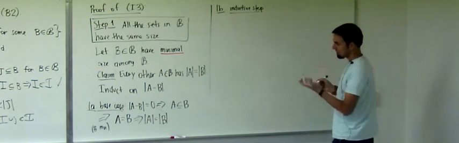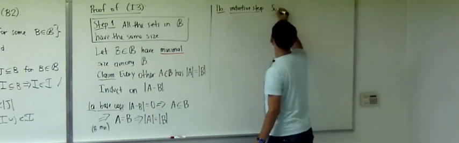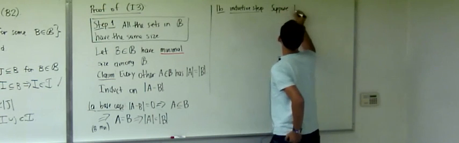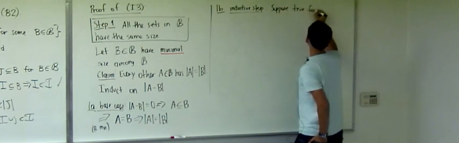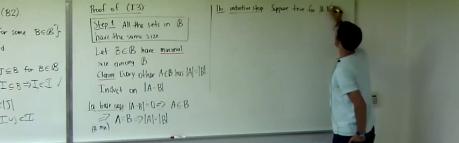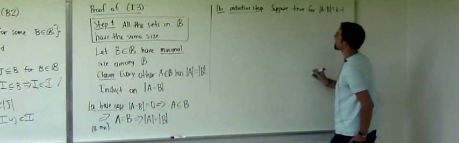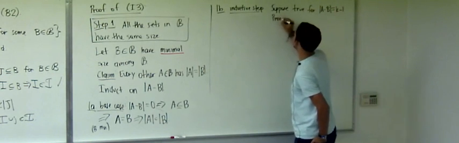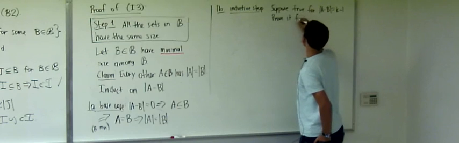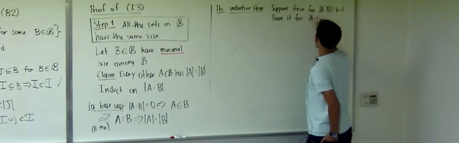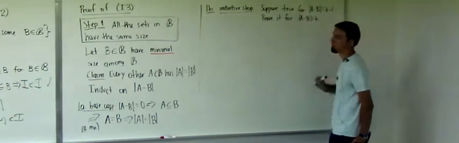My inductive step says, suppose it's true for, let's say, A minus B equals K minus 1, and let's prove it for A minus B equals K.